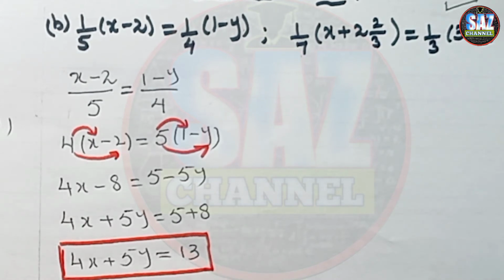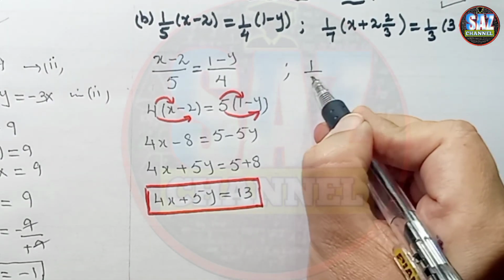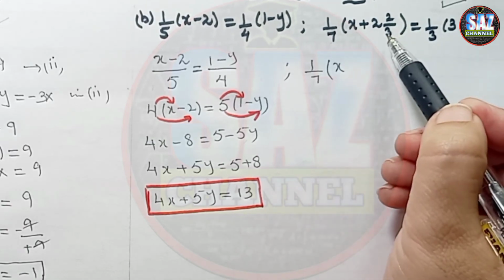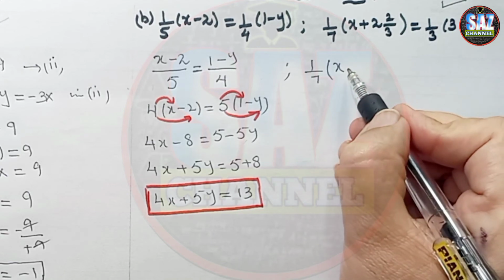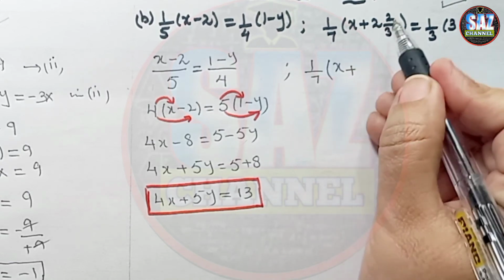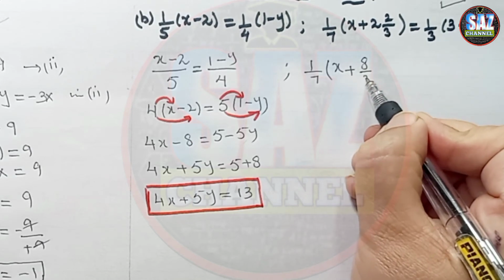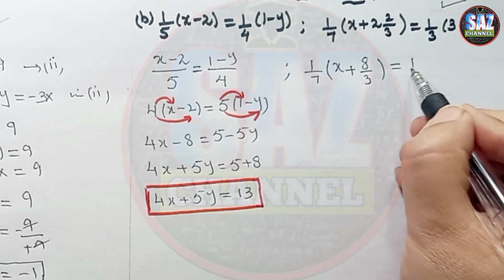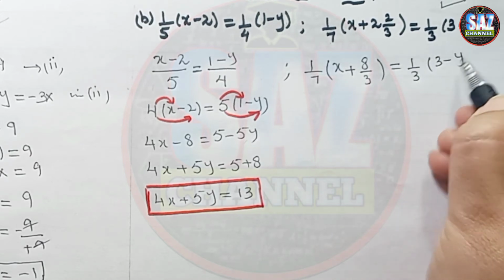Now let me take the second equation, and that is 1 over 7 into x plus, we can see that this number is a mixed number. I have to turn it into an improper fraction: 3 times 2 plus 2 is 8 by 3, equals 1 over 3 into 3 minus y.